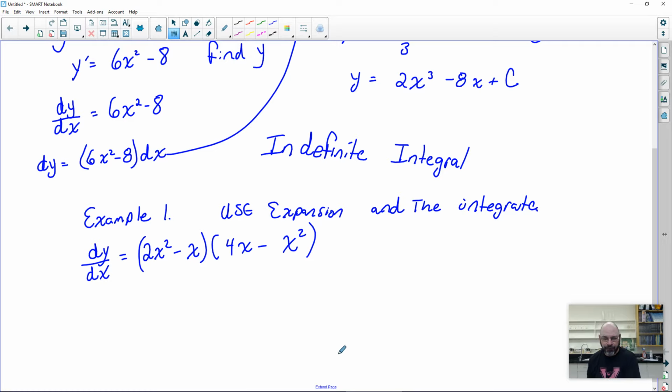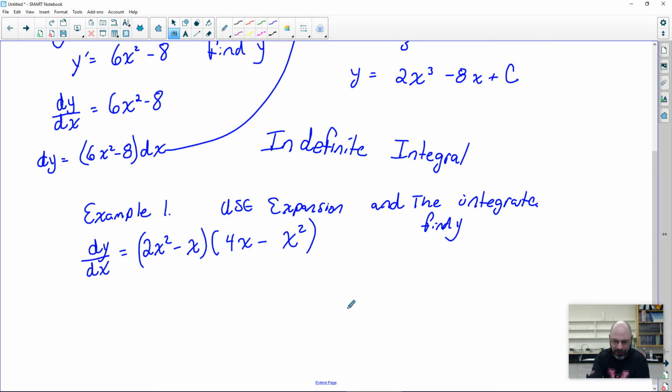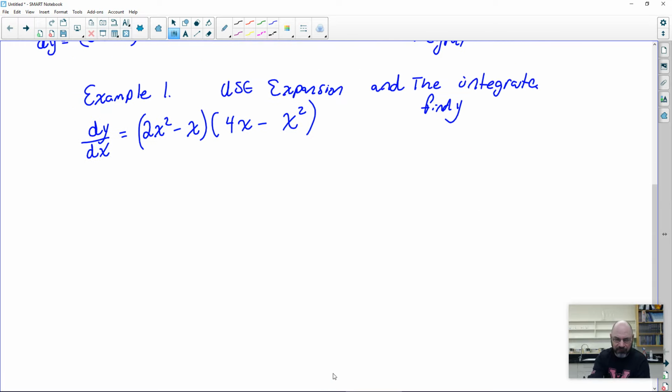Okay. And it's going to say find y. So if we were to write this in integral form first, we split this up: dy equals 2x squared minus x times 4x minus x squared dx.